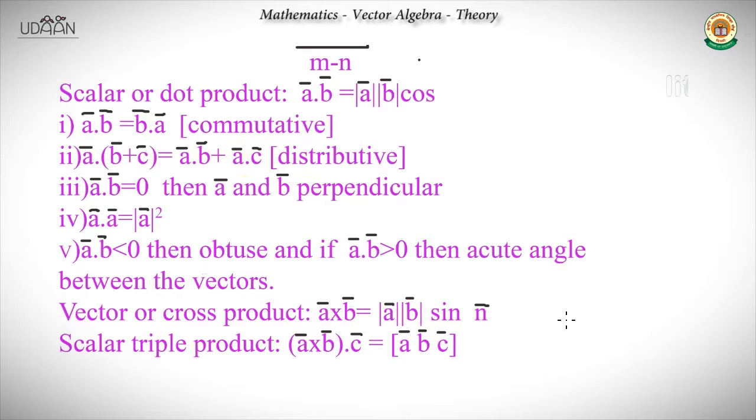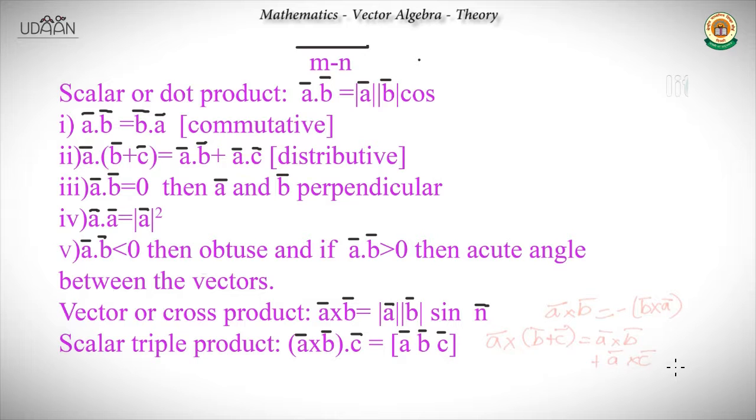First of all, the vector or cross product is not commutative, that is a bar cross b bar will not be equal to b bar cross a bar, but it turns out to be minus b bar cross a bar. And second, the vector cross product is distributive, that is a bar cross (b bar plus c bar) will turn out to be a bar cross b bar plus a bar cross c bar.